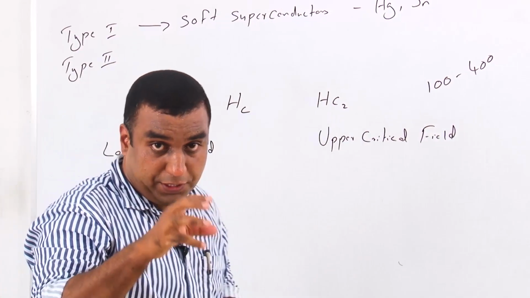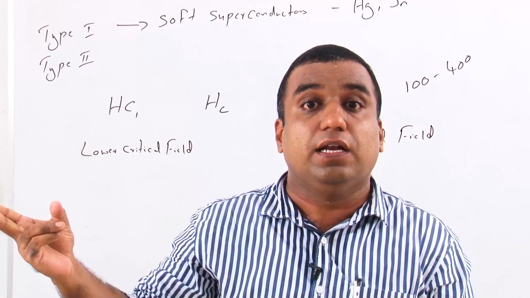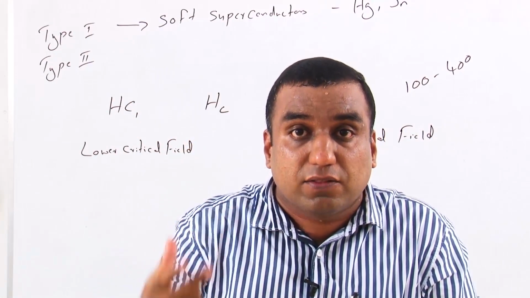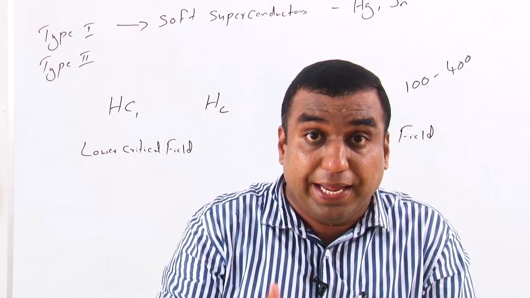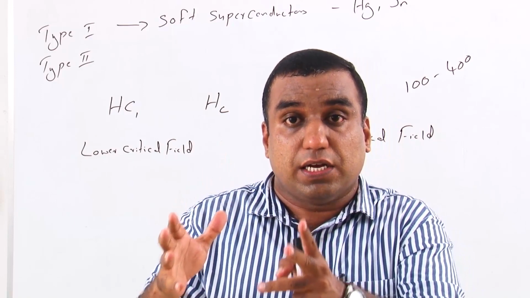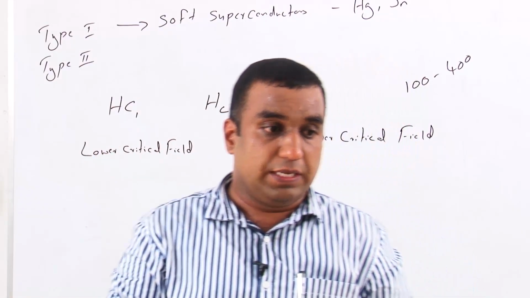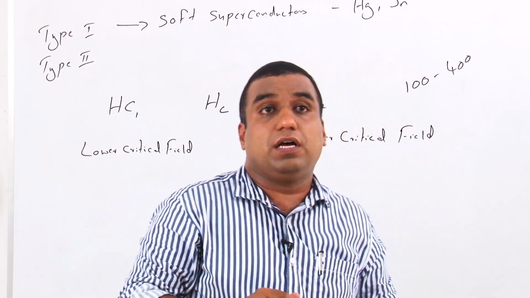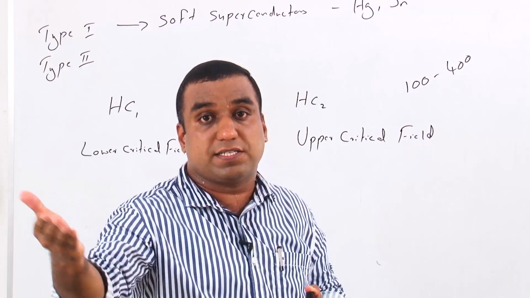And this phenomenon, that the upper critical field is much higher than the critical field Hc, makes such materials favorable for technological applications, like in the case of NMR spectroscopy or in the case of MRI scan, etc.